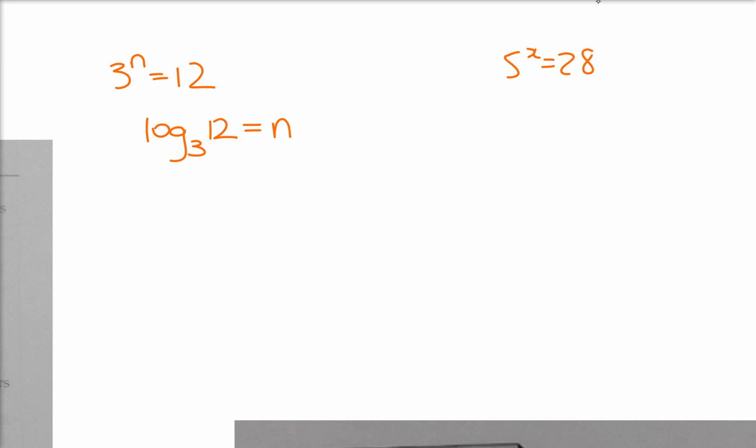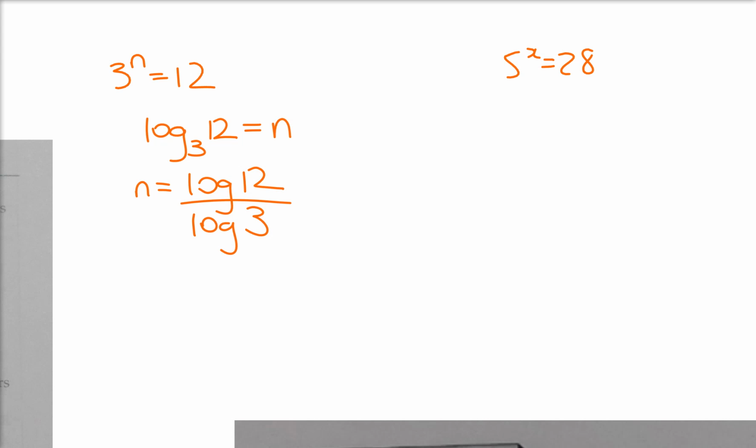Now how would I solve this? How would I calculate what n actually is? How do you put that in your calculator? You go log of 12 divided by the log of 3. Okay? Just like we just did with that evaluate stuff. So that's what you put in your calculator. That's how you solve for your x. Okay?